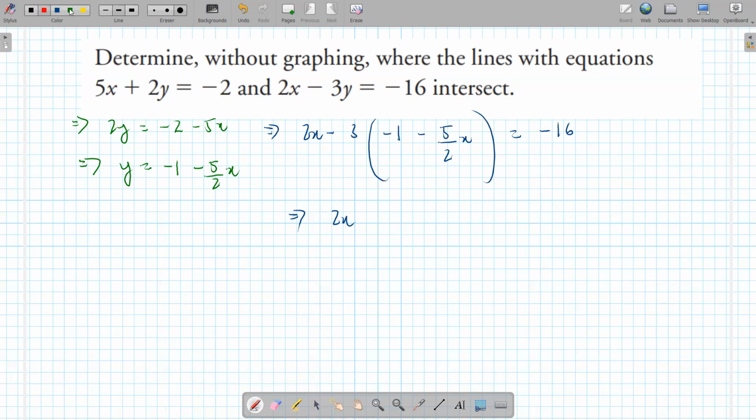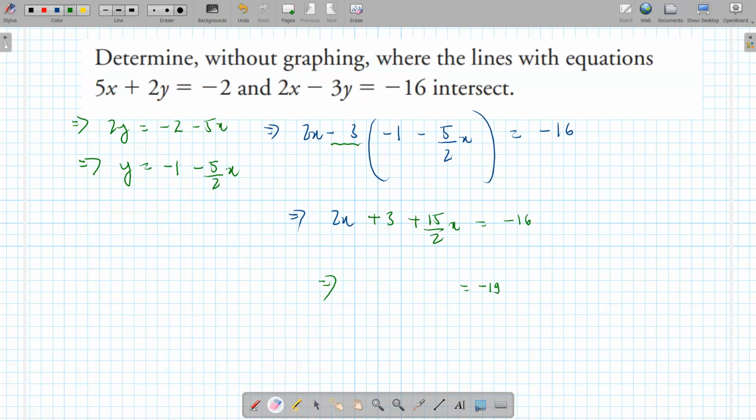Negative 3 minus 15 over 2. So negative 3 times negative 1 is positive 3. Negative 3 times negative 5 over 2 is plus 15 over 2x. Okay, like that. Throw the 3 to the other side, you'll get negative 19.